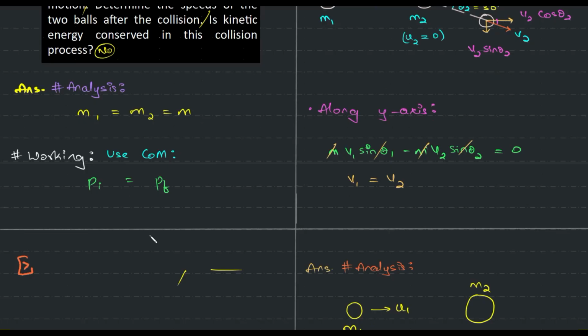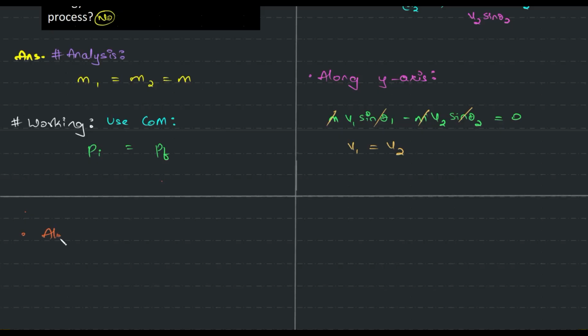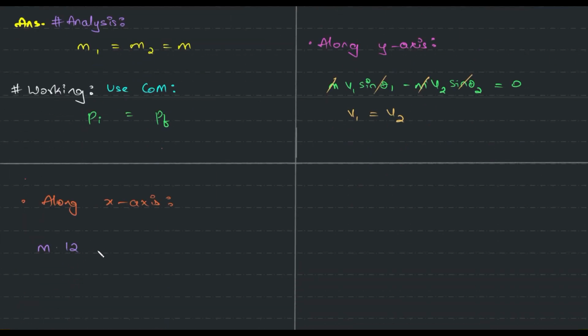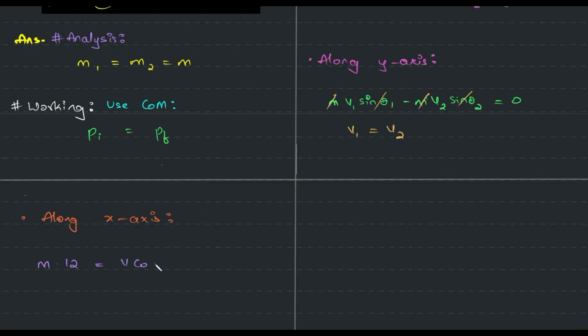Now let's do it along the x-axis. We don't know if it's an elastic collision or an inelastic collision, but whatever the case is, the momentum is conserved. So we can go with that. The initial momentum is m times 12. So this will be equal to v cos 30 times m plus v cos 30 times m.